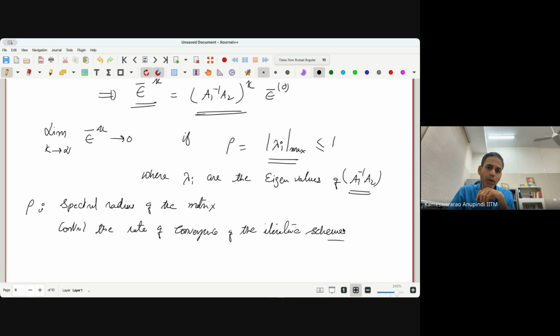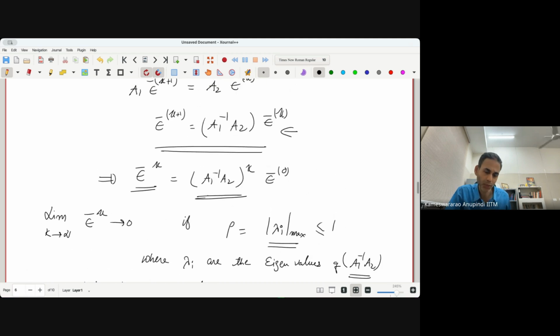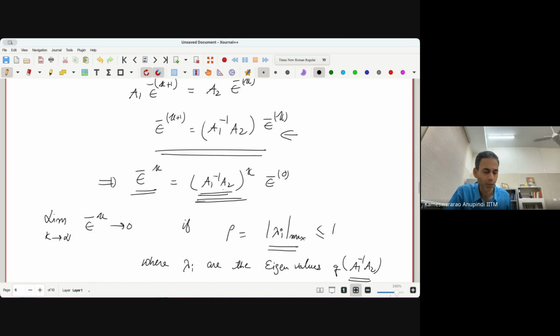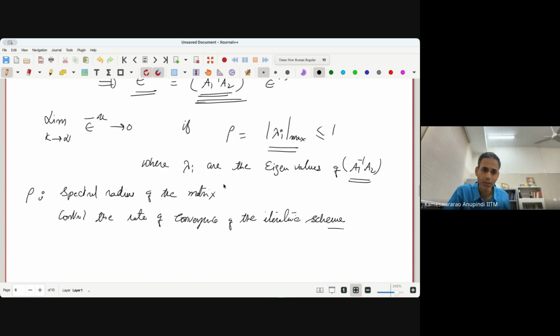So essentially what we now know is that whatever we do, the maximum absolute eigenvalue of A1 inverse A2 should be less than 1 so that the method converges. Okay, so that is the idea.